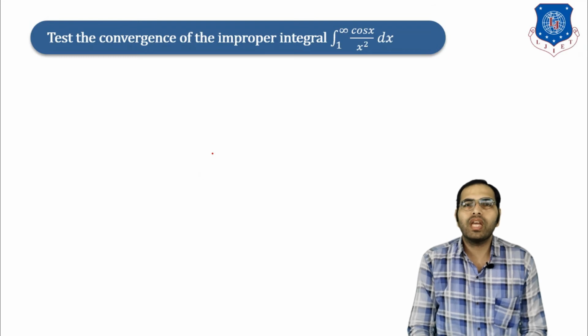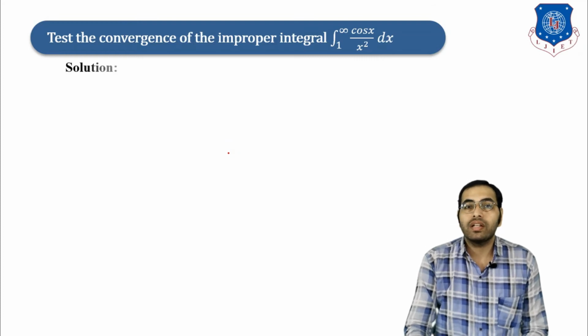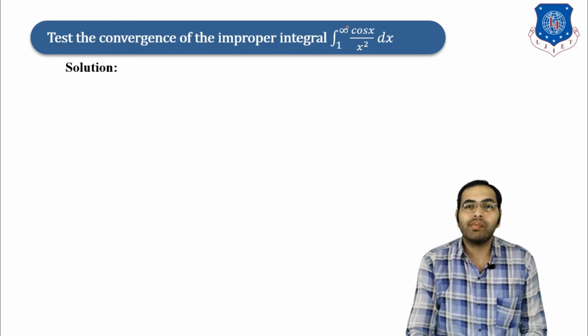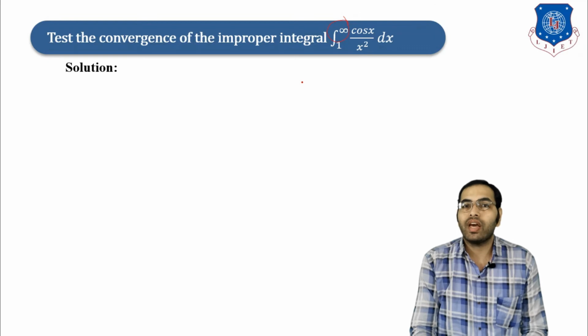Let's see one example. Test the convergence of the improper integral from 1 to infinity of cos x upon x square dx. For such kind of example, we apply the limit comparison test or the direct comparison test. Since the upper limit is infinite, our improper integral is of type 1, and then we have to apply a comparison test.